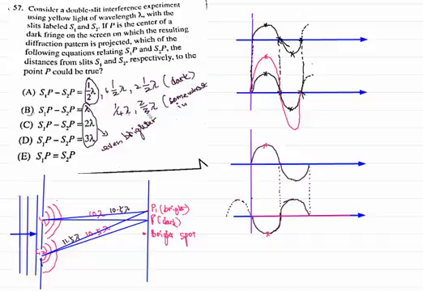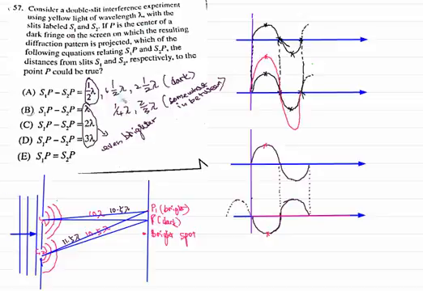Then if you have something that is not a half or whole multiple of the lambda, then you're somewhere in between. Not total darkness, also not that bright. So for this question, we say that P is the dark fringe.